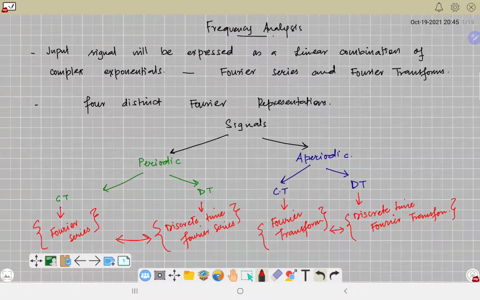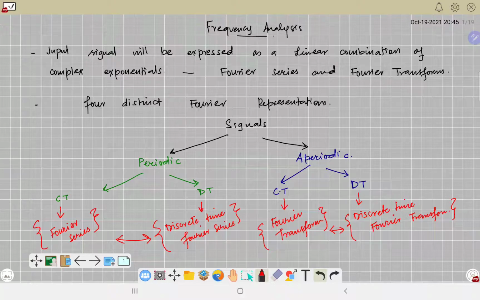Then under frequency analysis, we have the Laplace transform. We will study why we shift from Fourier transform to Laplace transform. The Laplace transform is dedicated explicitly to the continuous time case, and that will basically be your fourth chapter. Again, it will be frequency analysis.